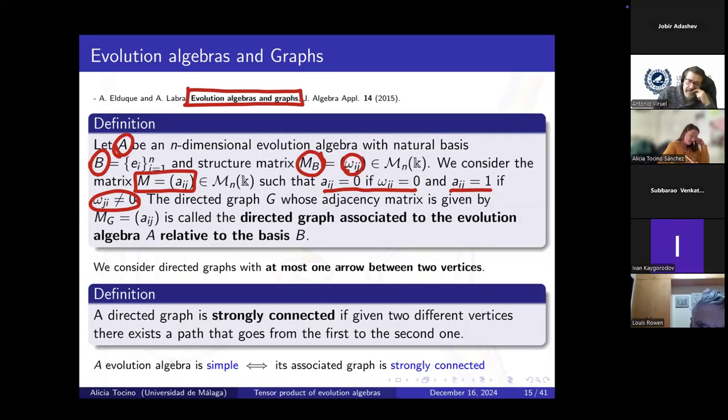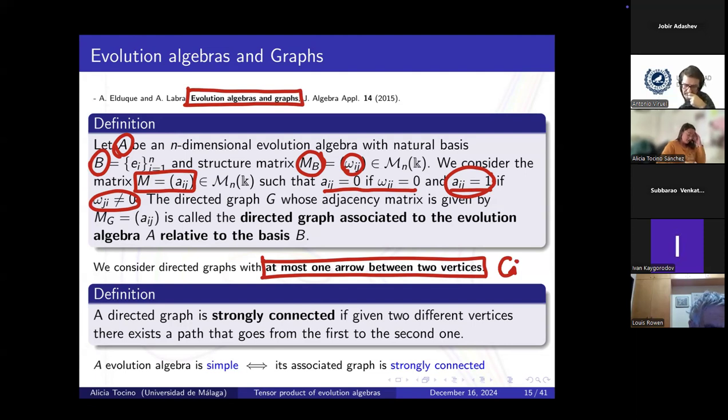Moreover, since we are going to consider only 1 here, we are going to consider graphs with at most 1 arrow between 2 vertices. It could be the same vertex, so we allow loops here. Another definition that we are going to use is strongly connected.